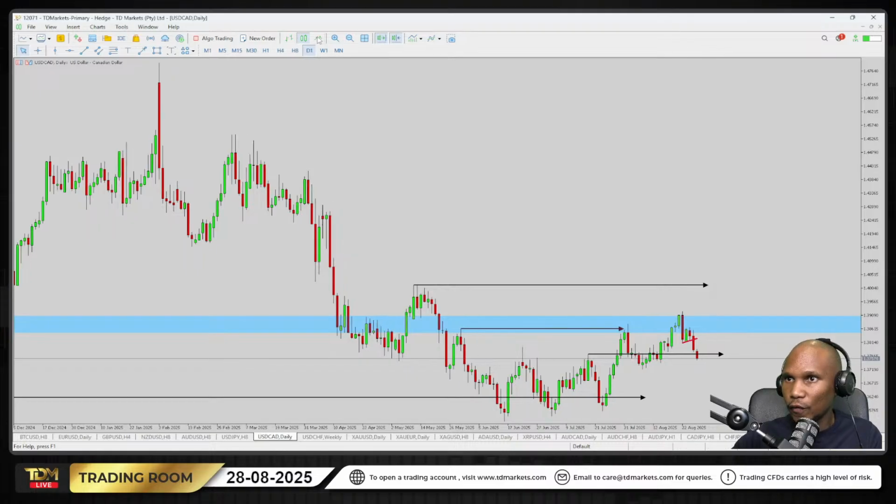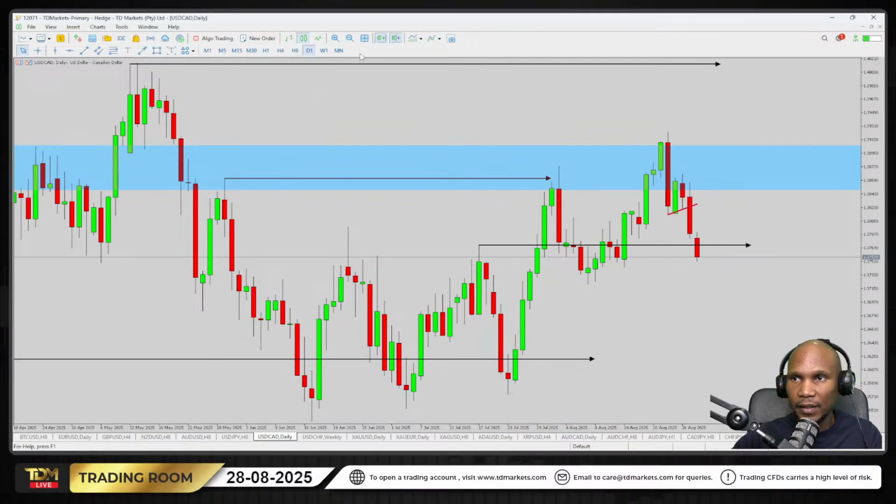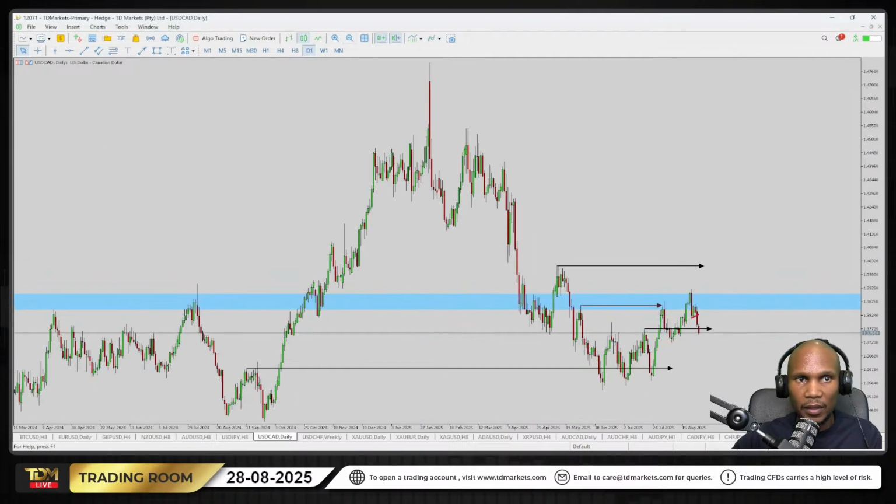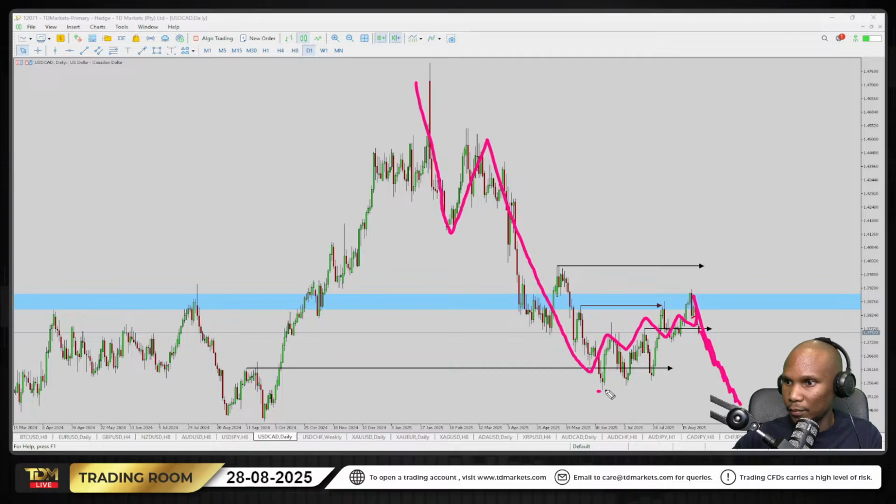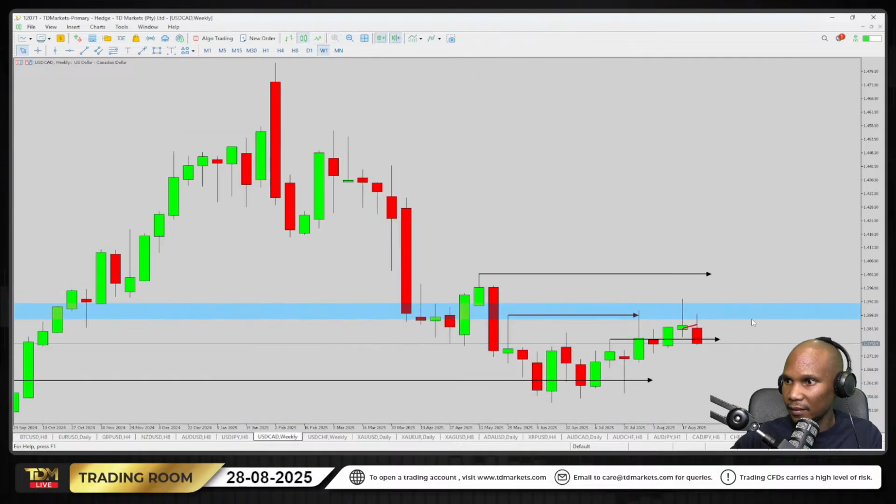So from there, I want to see if this is going to now resume the trend to the downside. You've got this trend here. There. Boom. So we've got the break and the retest.